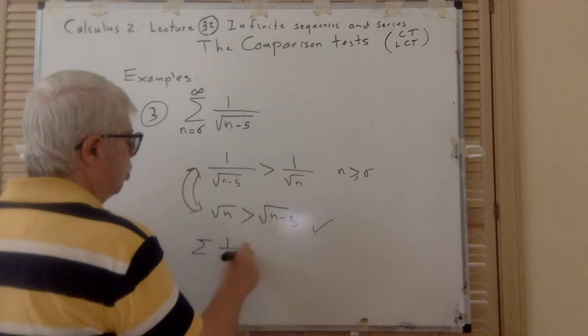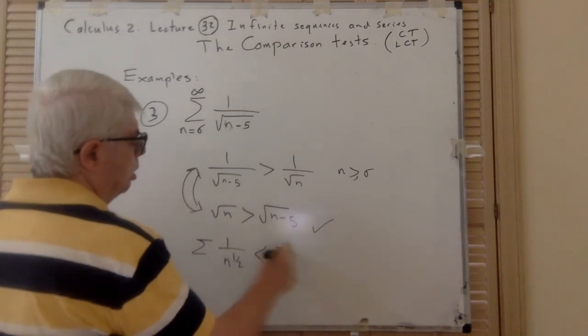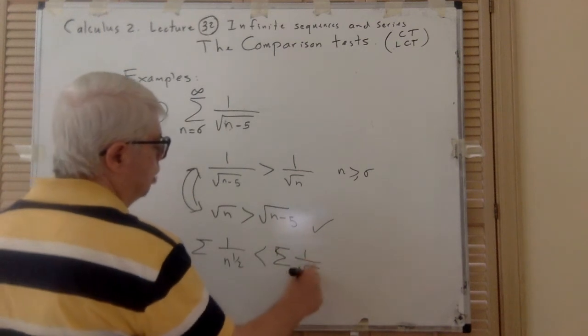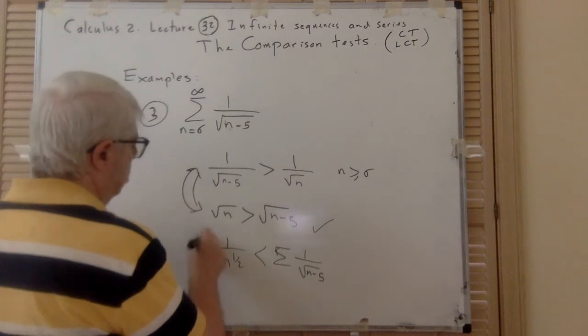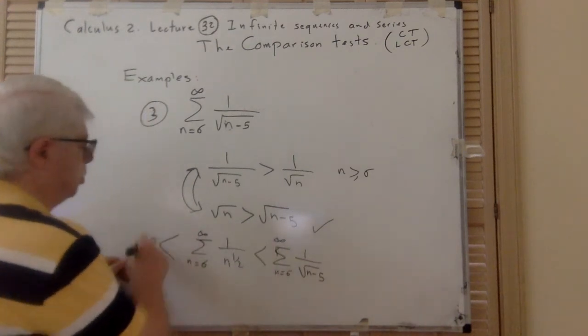Now, if this is true, then sigma 1 over n to power 1/2 will be less than sigma 1 over square root of n minus 5, starting at 6 to infinity, and this is bigger than 0.